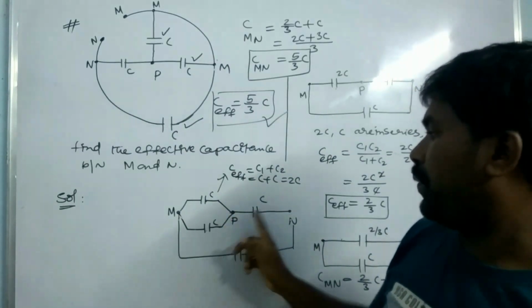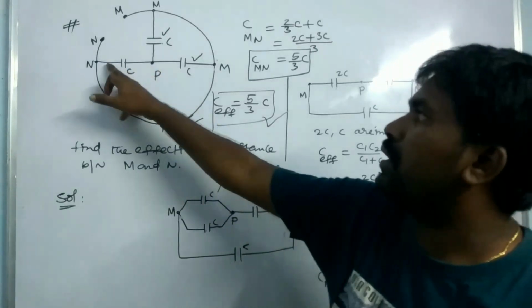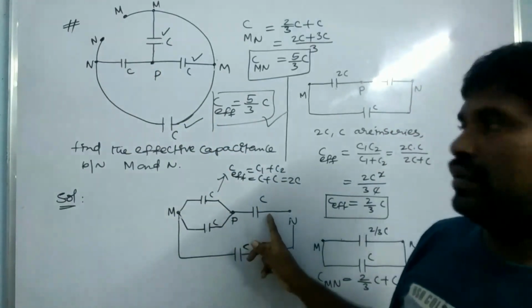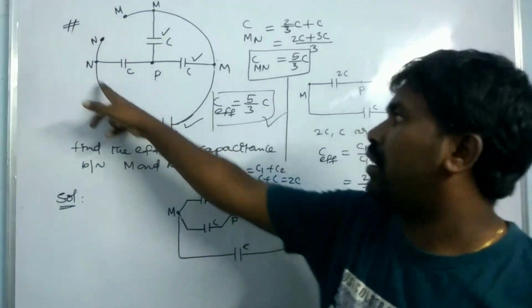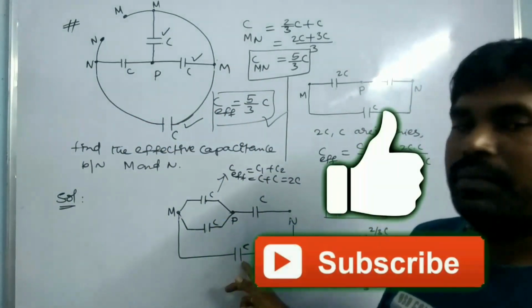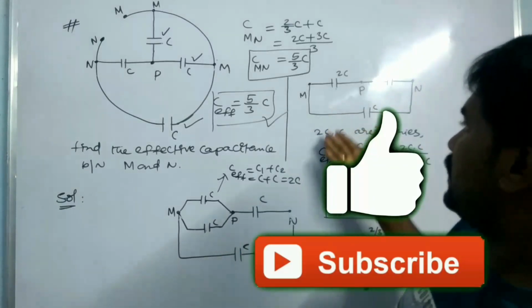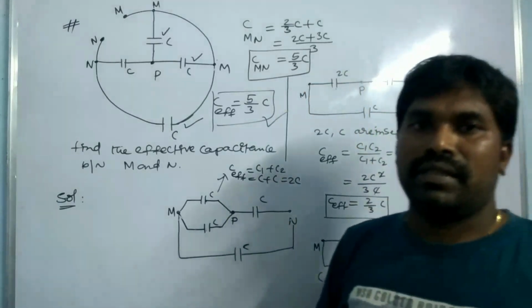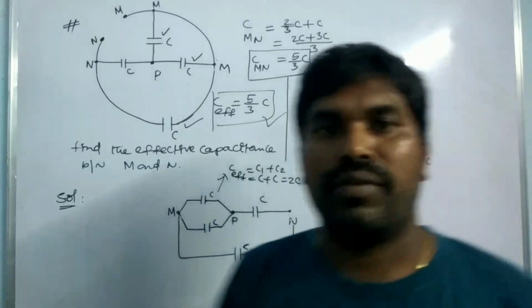And P to N there is one capacitor, and N to M is another. From this we can calculate easily, that is 5 by 3 C. Okay. And see one more example.